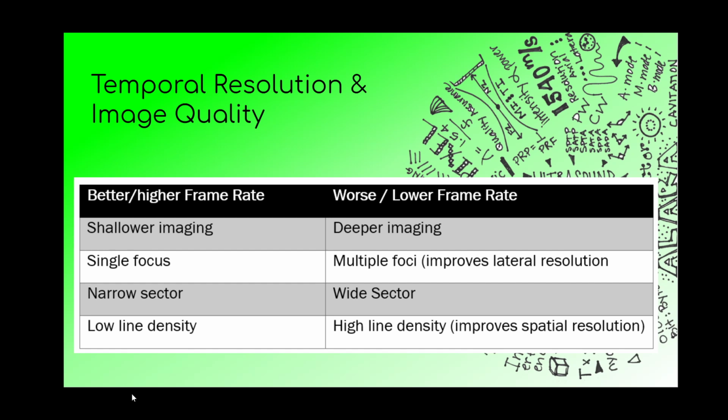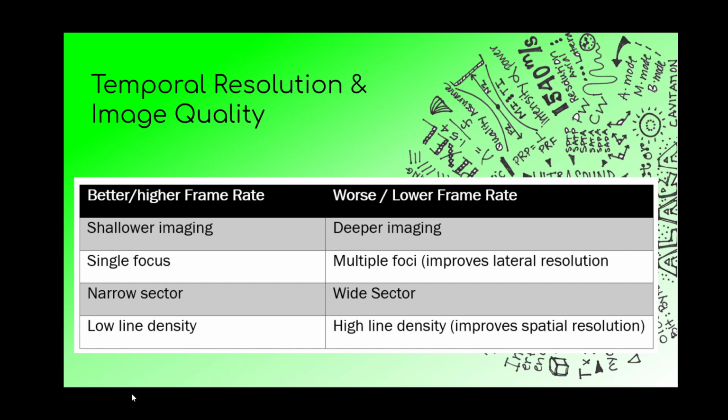Or am I more interested in getting detail about maybe the wall anatomy of the heart? Do I want to see the details of the wall of the common bile duct? Or do I want to see how the gallstones are moving in the gallbladder? So what is the focus of your scanning? Is it to see moving structures, or is it to see detail?